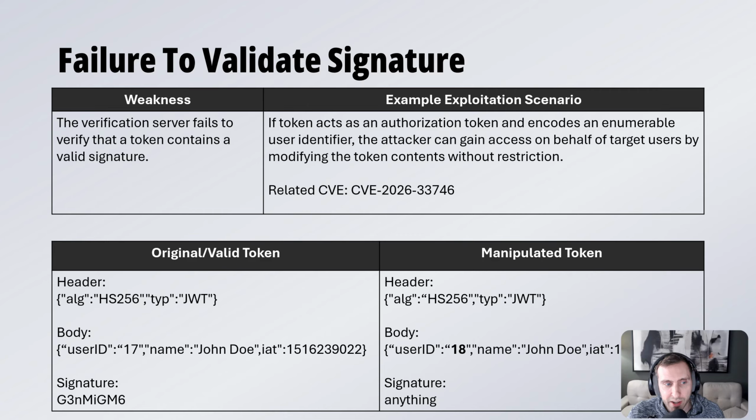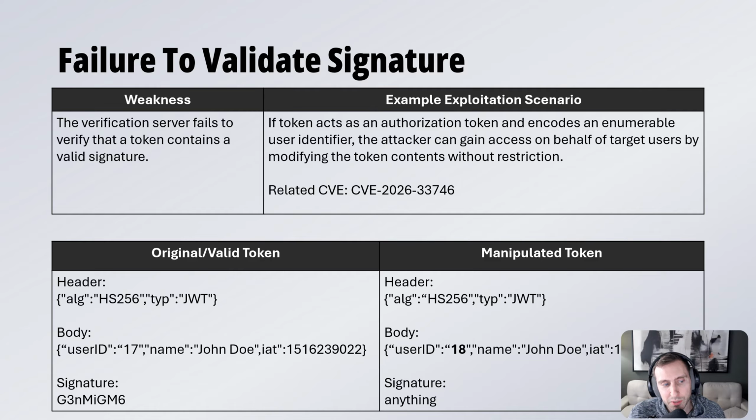So most of my slides will have an original valid token and then a manipulated one. I've tried to showcase also an attack that you might try to do, because oftentimes when you identify a JSON Web Token vulnerability, it's not enough just to abuse that vulnerability. You also have to think about the context in the application.